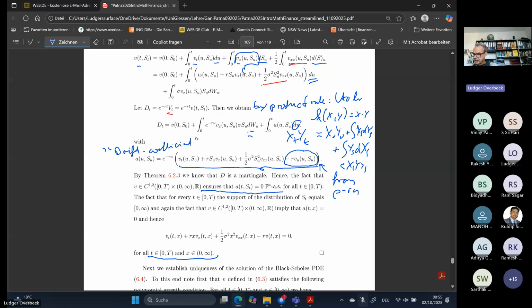Okay. In order to show that V is in C1,2, in this case, we actually need the property of the transition density.